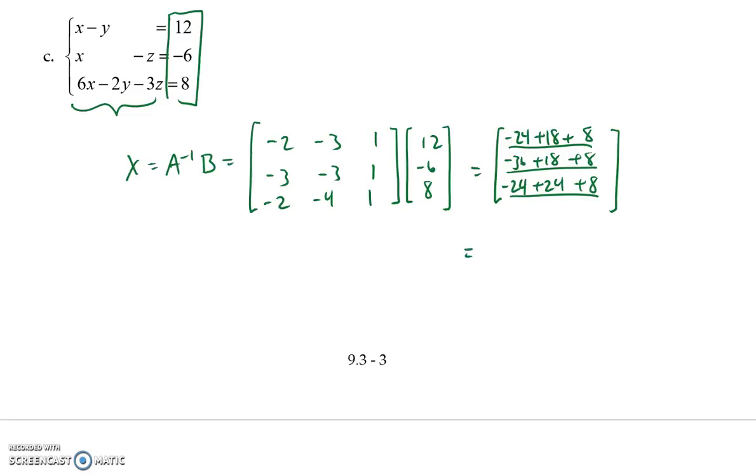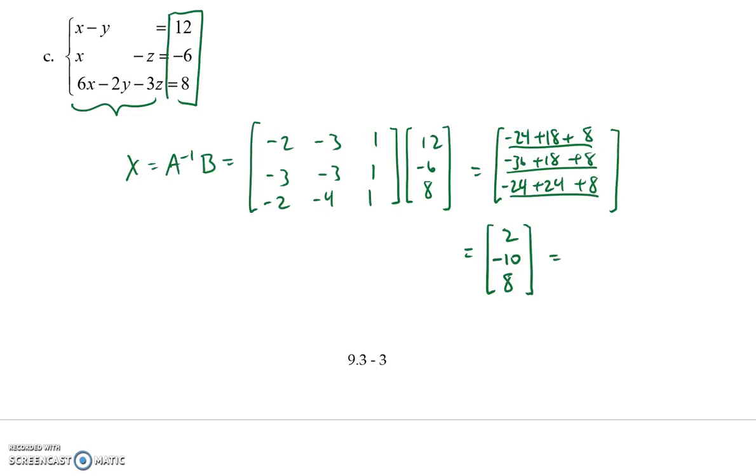That's going to give us negative 24 plus 26 is 2. Negative 36 plus 26 is negative 10. And then we have positive 8.